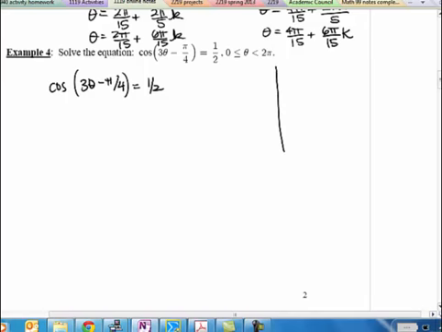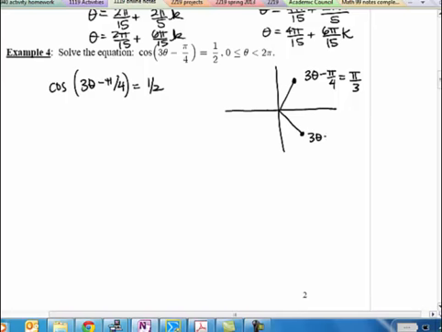So I'm going to mark the locations on the unit circle where cosine of an input is a half. So my reference angle would be pi over 3, and I can either be in quadrant 1 or quadrant 4. So here my input, which is 3 theta minus pi over 4, all that stuff I would want to be pi over 3 if I'm in quadrant 1.